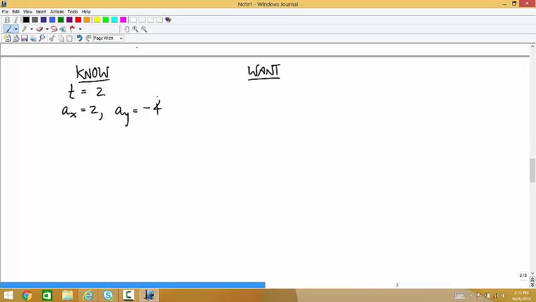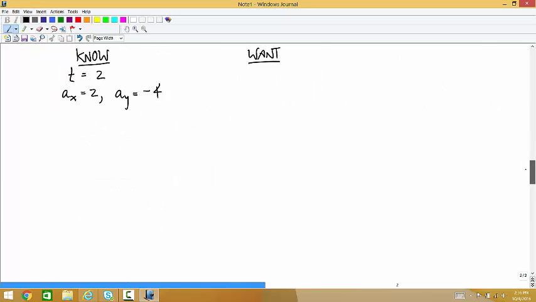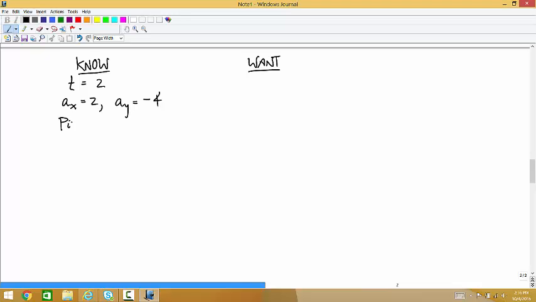Do we know the position at time equals 0? Well, we chose our origin to be with the object at time equals 0, so that means that PI is 0. That's a little annoying. P-I-Y. It sounds like a Wookiee has been captured.